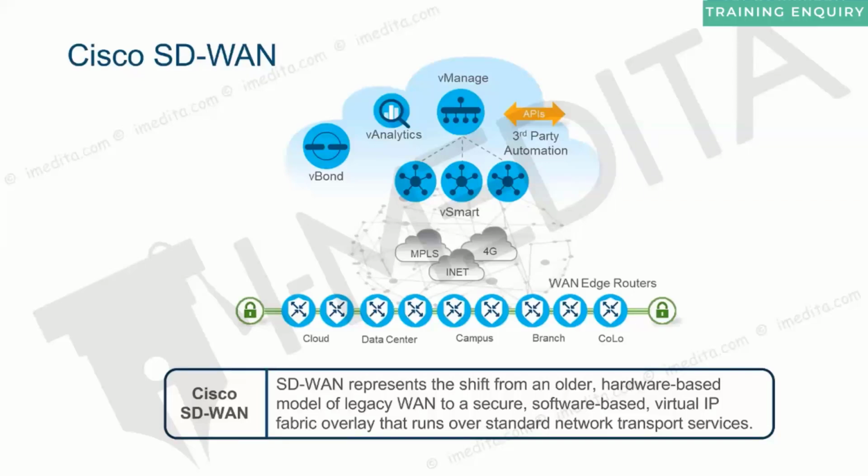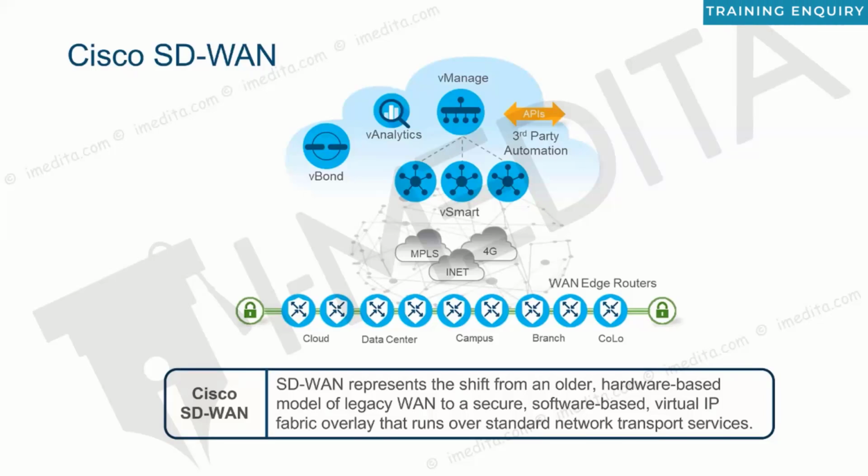For data plane connectivity, it will be using IPsec, whereas for control connections, it will be using TLS tunnels. Because security is a major concern, right? We always have to make sure that all the connections are secure, and all the information getting exchanged between different components is exchanged securely. That's very important.